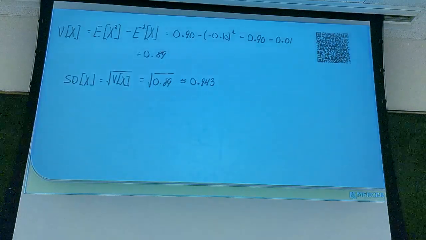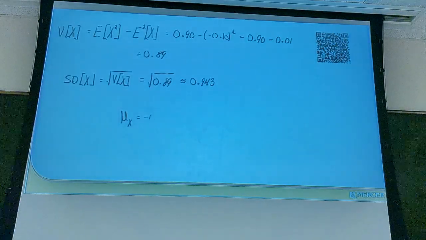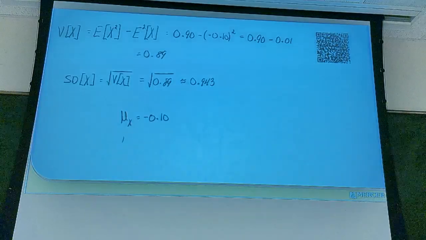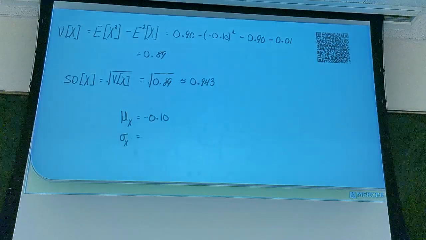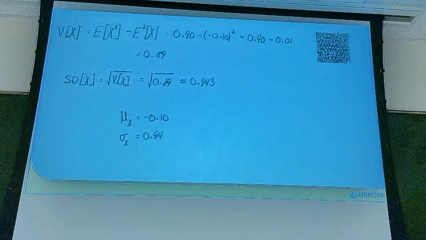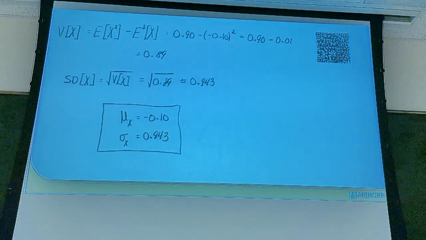And just make sure you can get that on your calculator. There's the mean and standard deviation for this distribution.